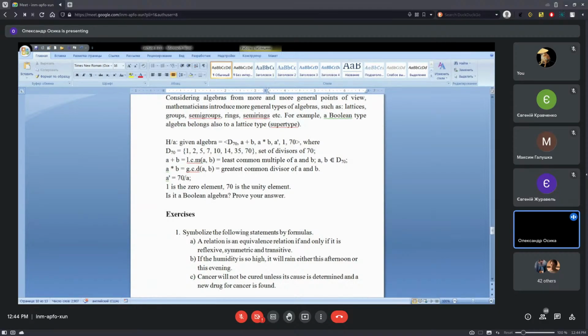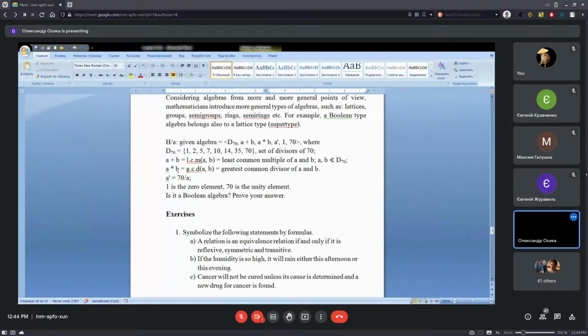Look, if I divide 70 by 10, the result is 7. If I divide 70 by 14, it is 5. The result is here. I just draw your attention to some facts of the definition of this algebra.